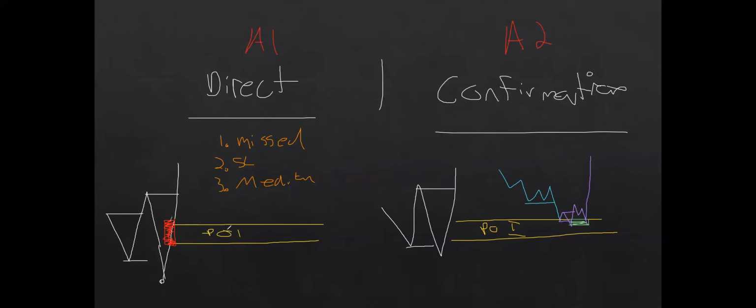Direct, how I just mentioned, there's nothing else you've got to do. Then confirmation is when you wait for a QM to form when it comes in here. The market is fractal, guys, like I mentioned before. So what is the con of the confirmation?